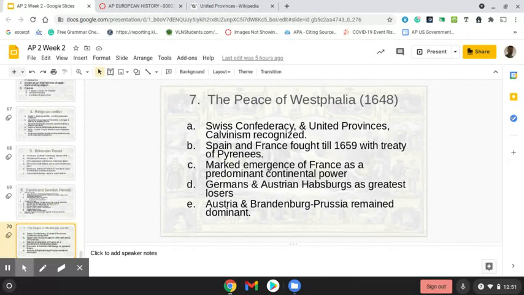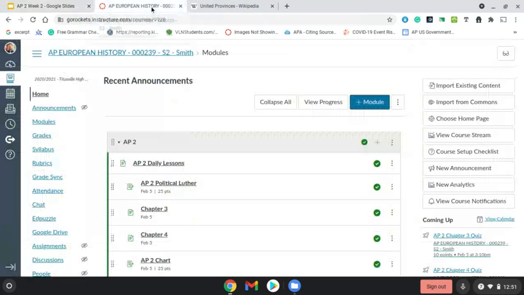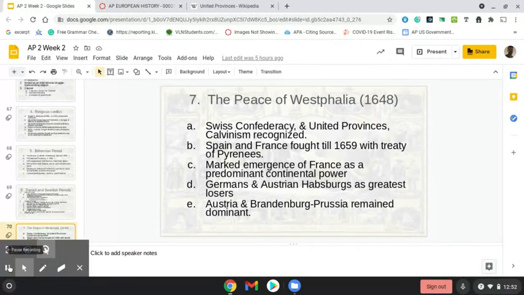And so the Swiss Confederacy and the United Provinces were both recognized in this treaty. The United Provinces are the Netherlands, basically. Not exactly identical, but for all intents and purposes, we'll just say the Netherlands. And then, of course, the Swiss Confederacy being to the south.